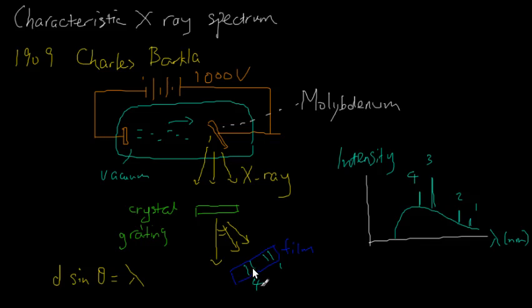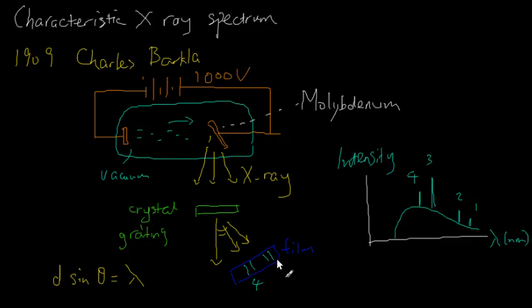So that means that like the case of line spectrum for hydrogen, it is possible to use this X-ray spectrum to tell what the element is, and that's actually what people have used in later years.